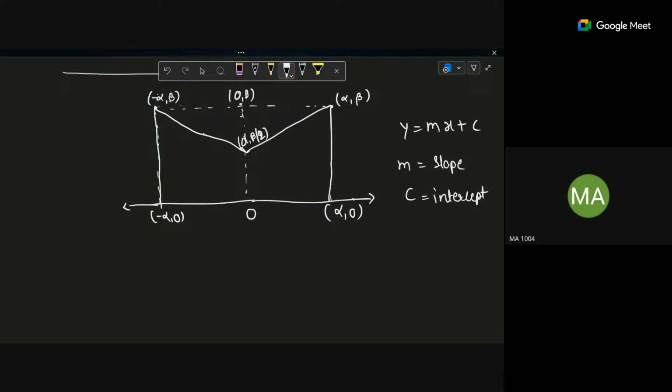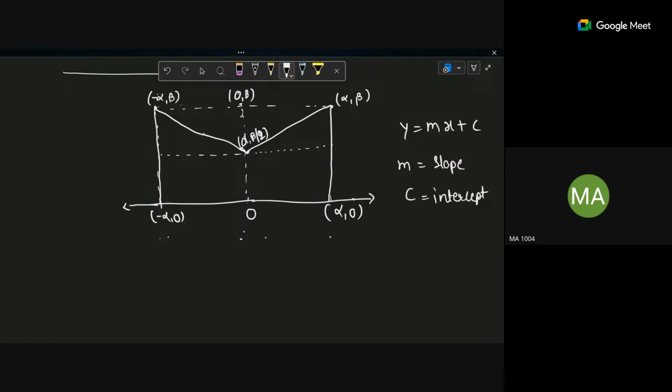But in this particular question, it's quite easy. Why? Because first of all, note that this graph is symmetric. The length of this particular horizontal line is twice alpha: 0 to alpha, again 0 to alpha.